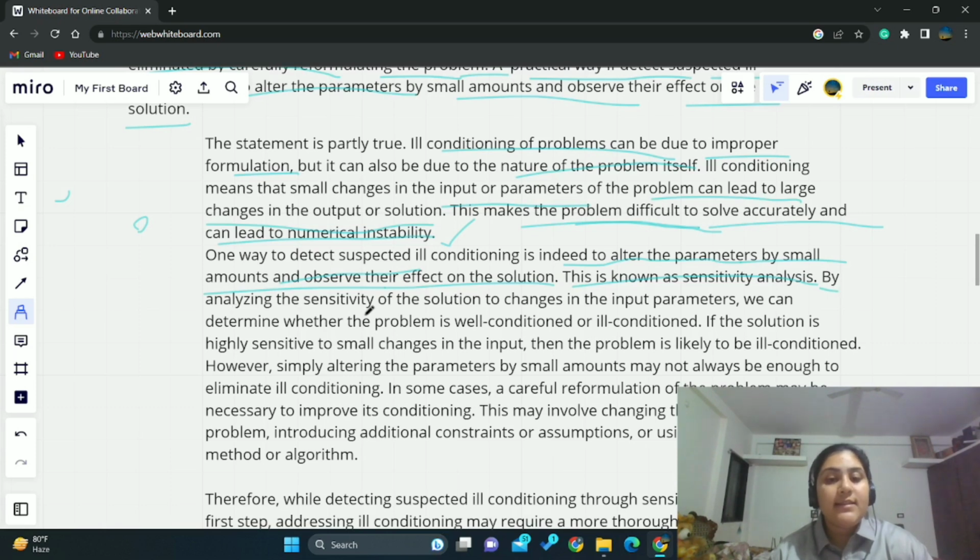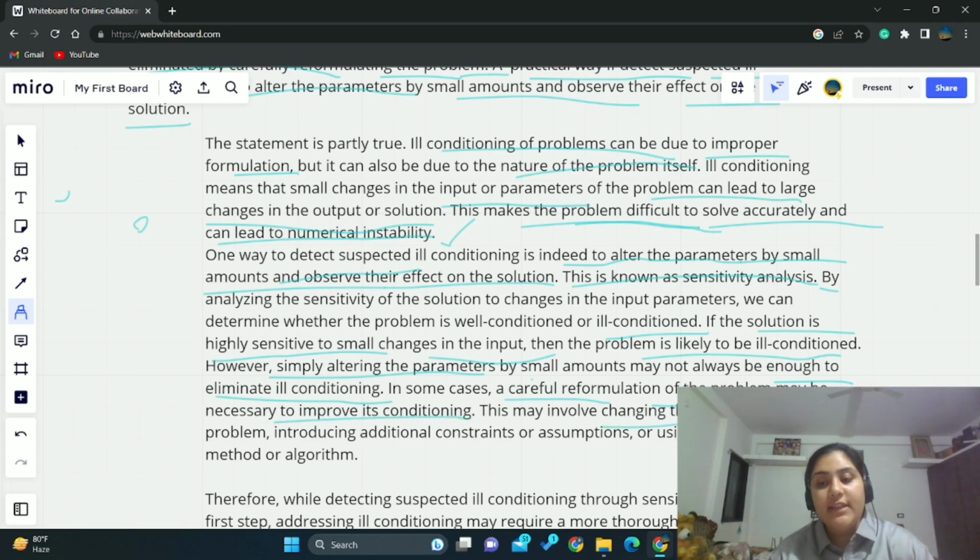By analyzing the sensitivity of the solution to changes in the input parameters, we can determine whether the problem is well conditioned or ill conditioned. If the solution is highly sensitive to small changes in the input, then the problem is likely to be ill conditioned. However, simply altering parameters by a small amount may not always be enough to eliminate ill condition. In some cases, a careful reformulation of the problem may be necessary to improve its conditioning.